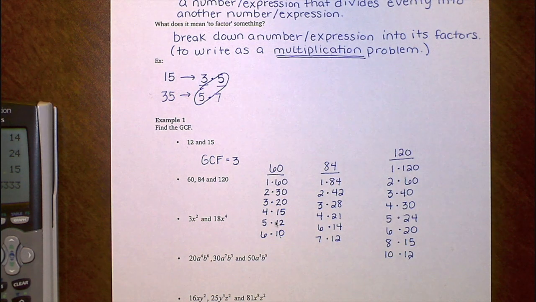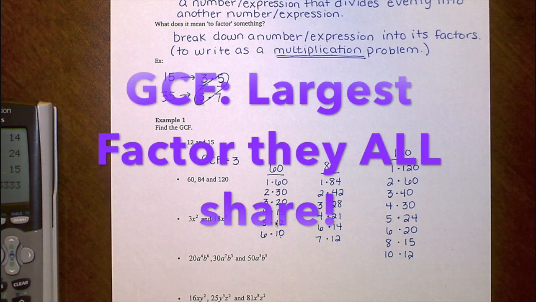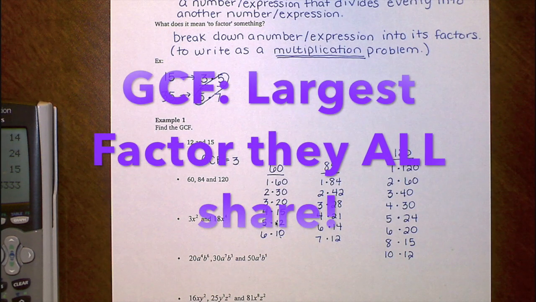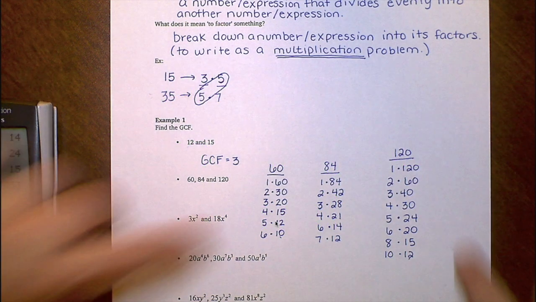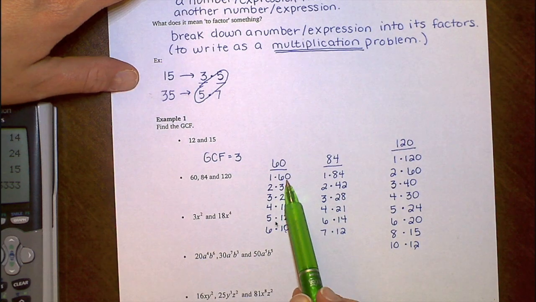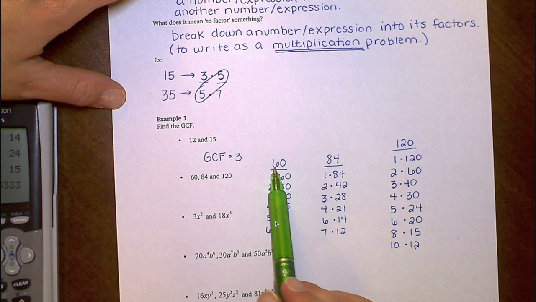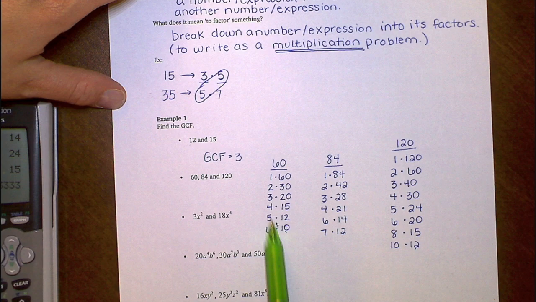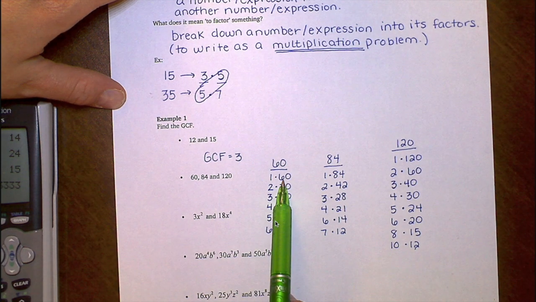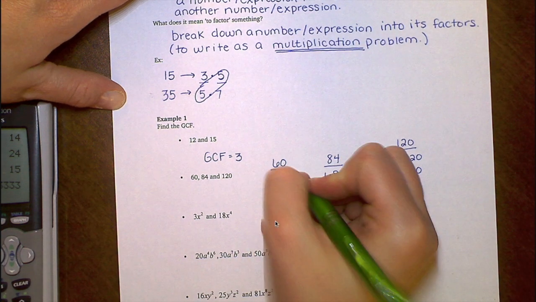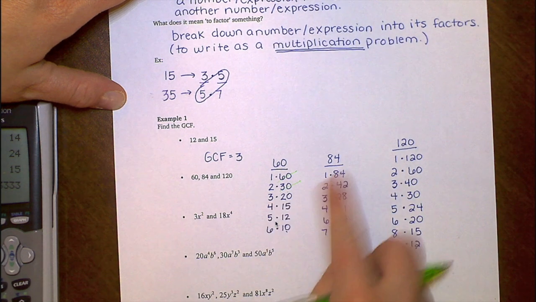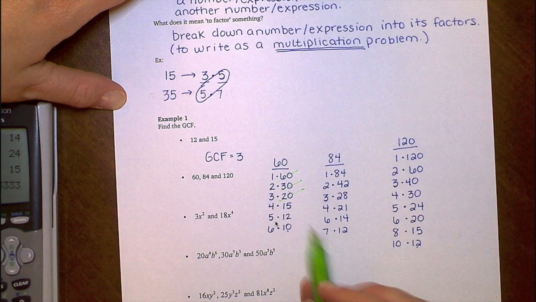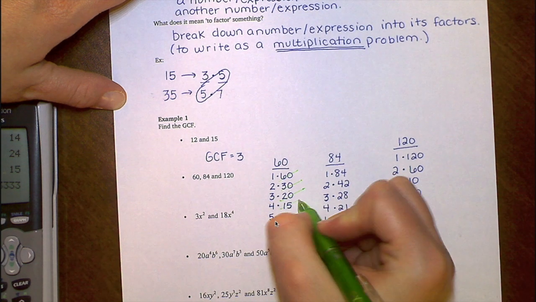So now what am I looking for in all of those lists? Greatest common factor is the largest factor that they have in common. Okay, so if I am looking at these, I'm probably going to start from this big end. And realistically, the smaller number is the easiest one to start with because you have a smaller number of numbers to check. So 60 does not show up over here, so I know for sure it's not 60. 30 does not show up over here. 20 does not show up over here. 15, nope.